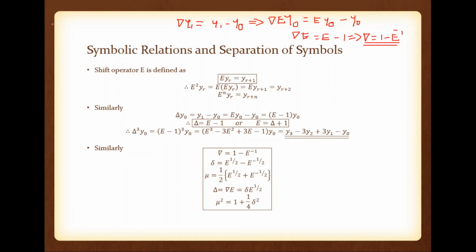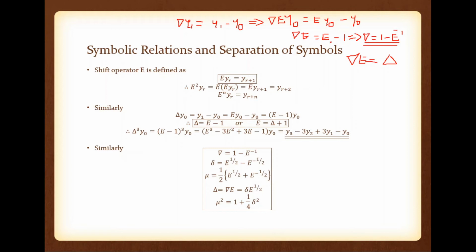So please note, delta is equal to E minus 1. Similarly, del E is equal to E minus 1. So the right hand side is the same, right? Delta equal to E minus 1. Then del E is equal to E minus 1. So what is del E? Del E is equal to E minus 1, which is equal to delta. That is why I am saying del equal to 1 minus E raised to minus 1. That is important.